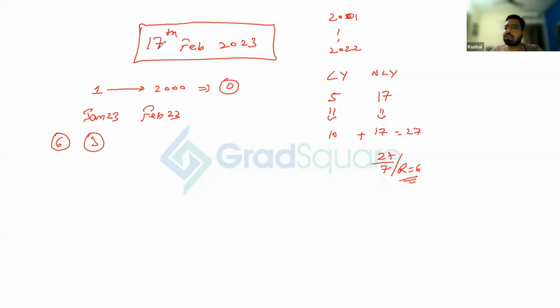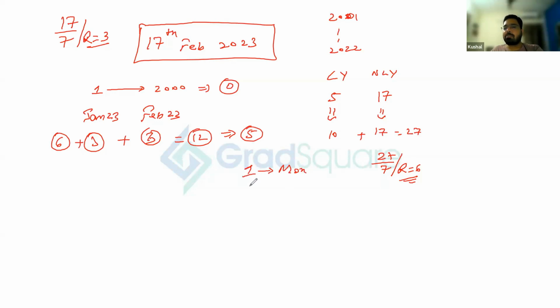I will have to take only 17 days, and 17 divided by 7, remainder will be how much? Remainder will be 3. So this will give me 3 more odd days. So total, how many odd days are we looking at? 12 odd days. 12 odd days gives me what? 5 odd days effectively.